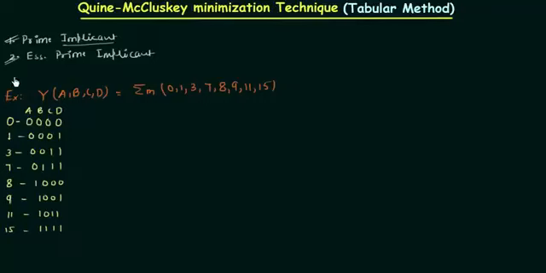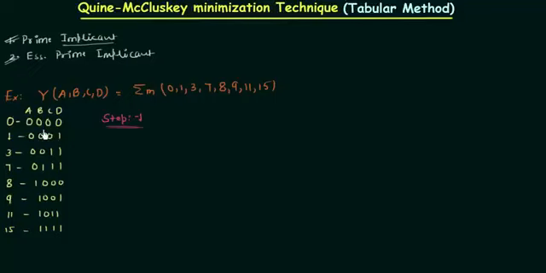And in step number 1, what we have to do is make a table, and in that table we will arrange all the minterms according to the number of ones contained. So what we are going to do is make groups, and in each group we will keep the minterms with the same number of ones, right? For the first group, we are going to have the minterm with no 1.